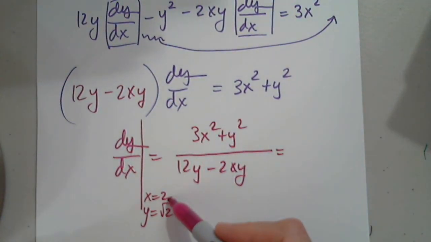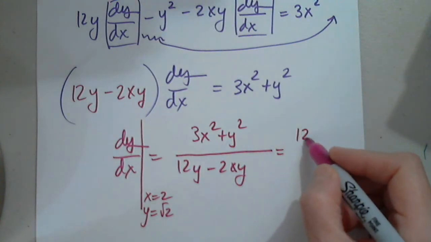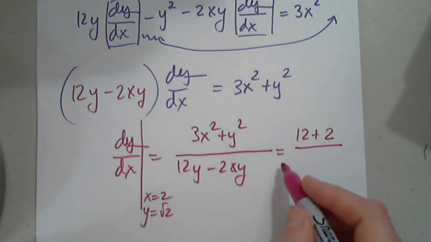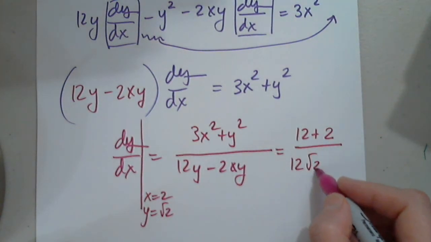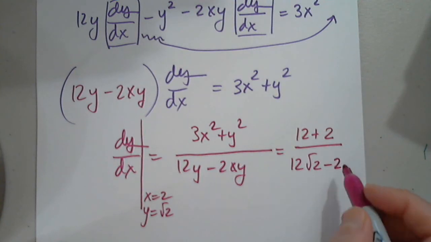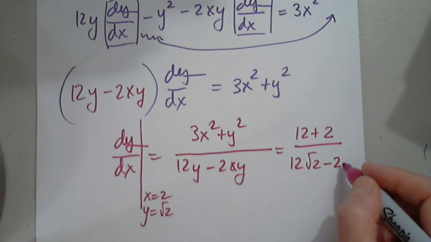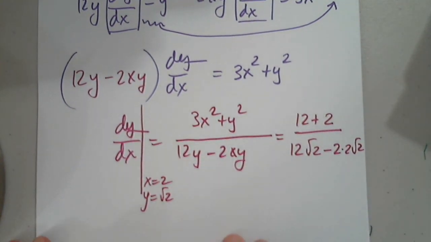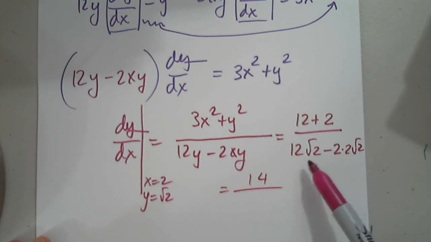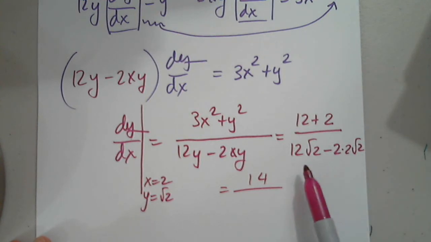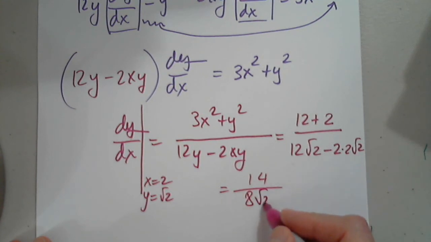So 3 times 4, 12, plus y squared, which is 2. 12y, with y the square root of 2, minus 2 times 2 times the square root of 2. So the numerator is 14, the denominator is 12 minus 4, they have the same radical, so they are like radicals. So 12 square root of 2 minus 4 square root of 2 is 8 square root of 2.